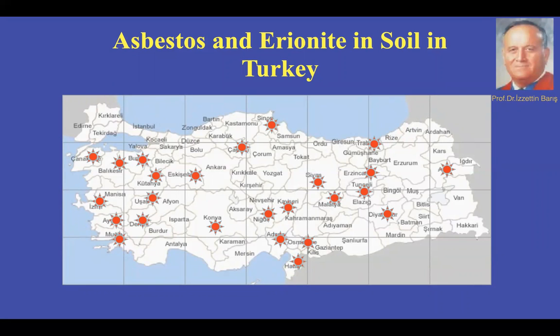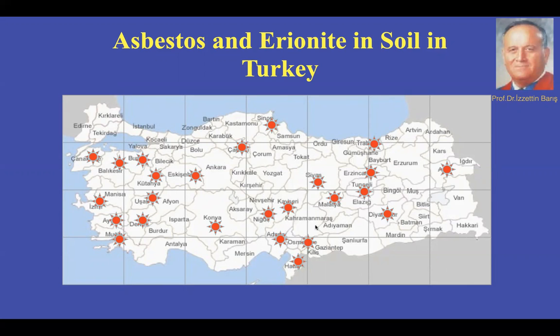He began to see many patients with mesothelioma in the 1970s and 1980s. And he wondered why many patients came from some parts of the country, especially Kayseri, Karain, Niğde, and Nevşehir.